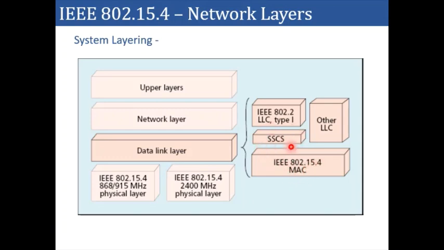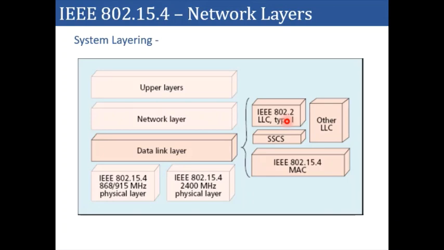Then we have the SSCS layer, and on top of that we will have the IEEE 802.2 LLC layer having type 1. The IEEE 802.2 LLC has various types. Type 1 is basically for unacknowledged data transmission, where data acknowledgement is not required.